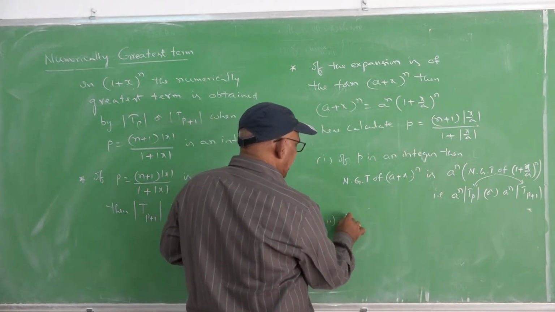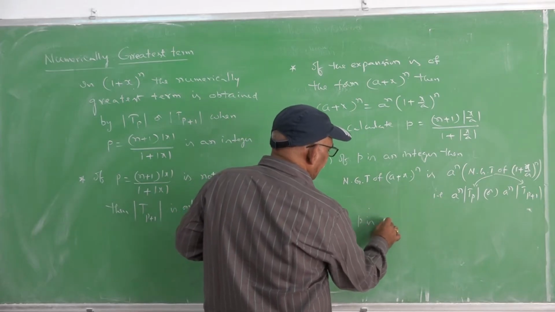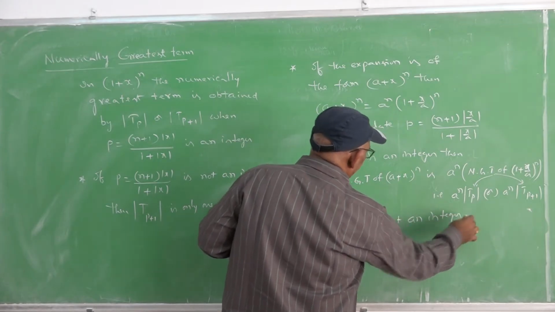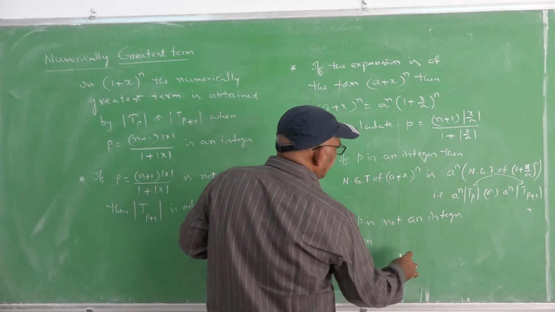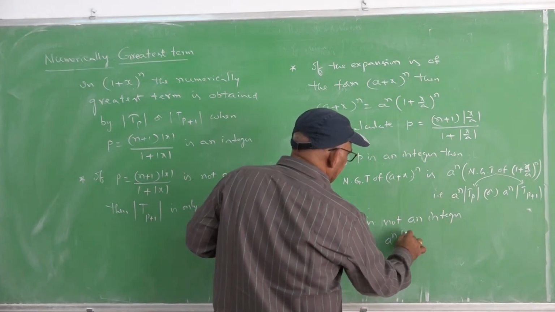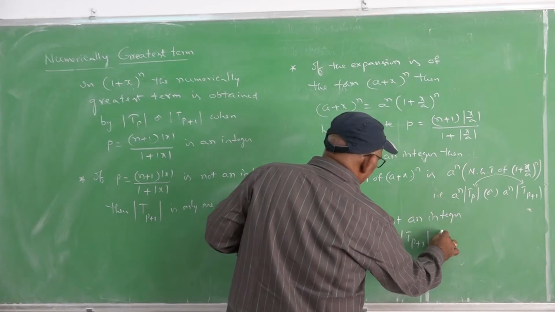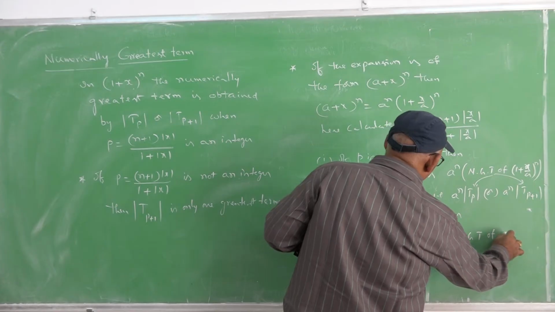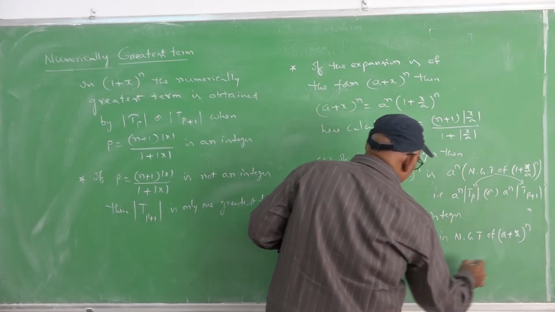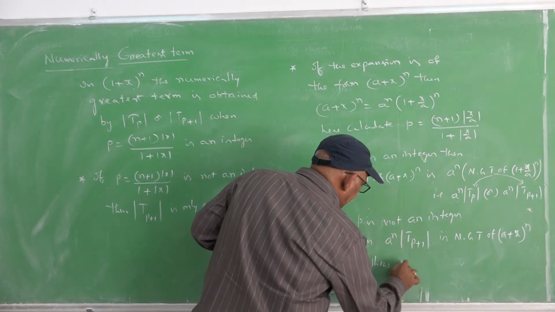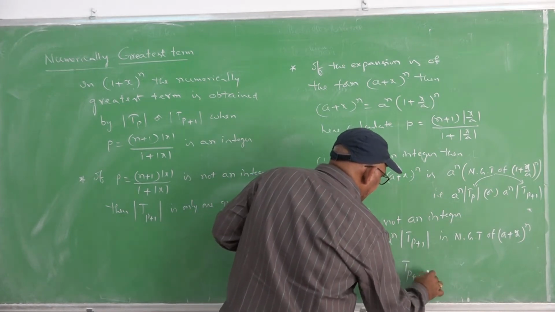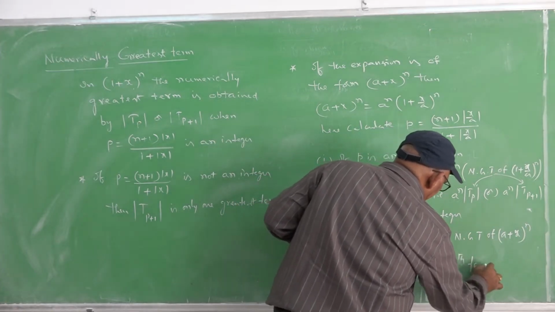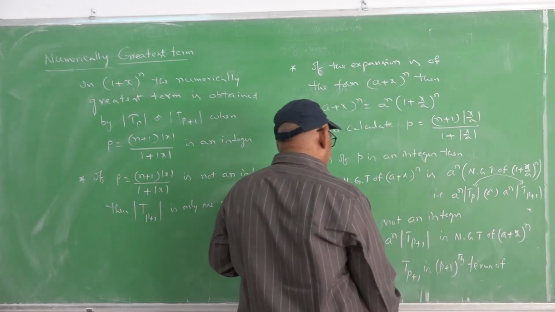If p is not an integer, then a^n into modulus of Tp+1 is the numerically greatest term of (a + x)^n, where Tp+1 is the (p+1)th term of (1 + x/a)^n.